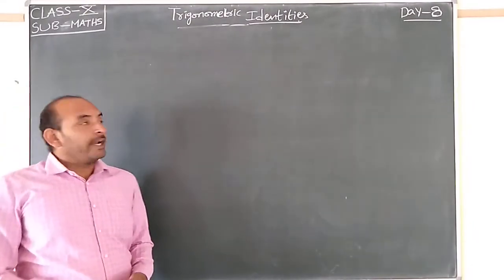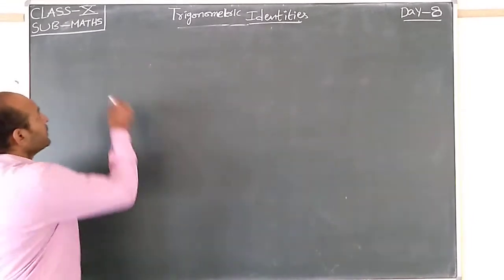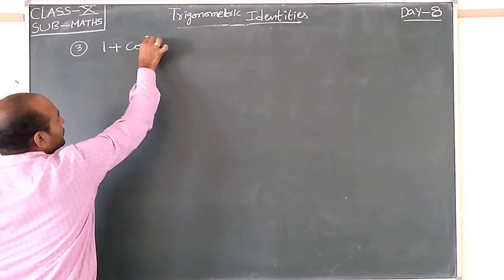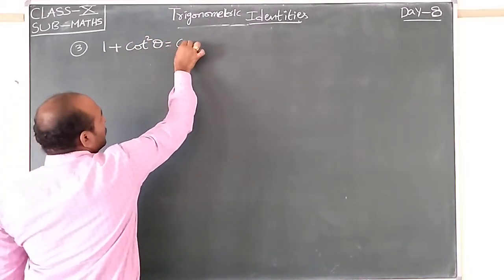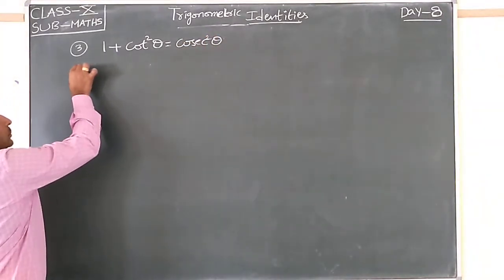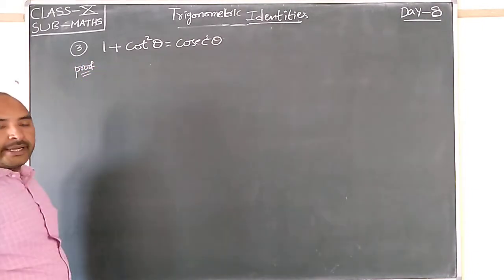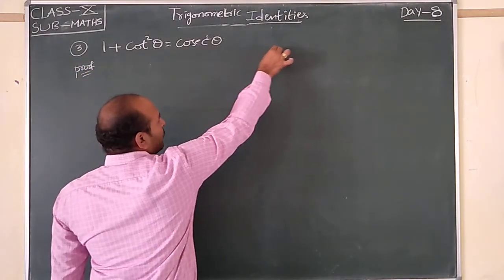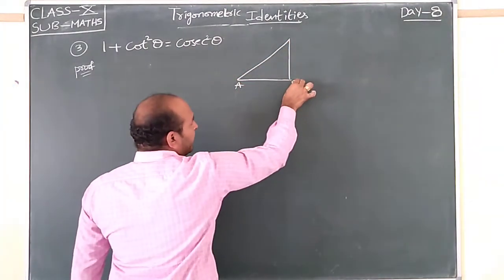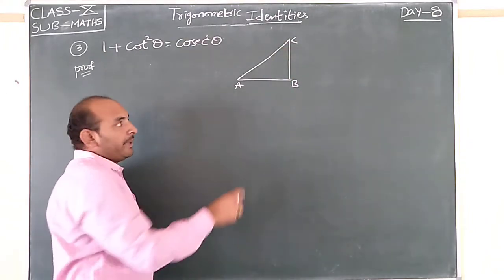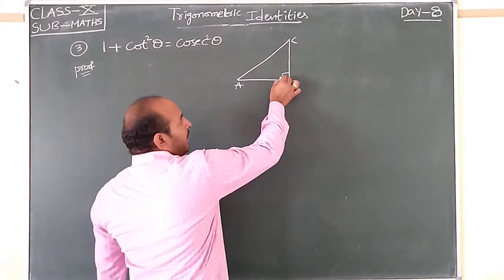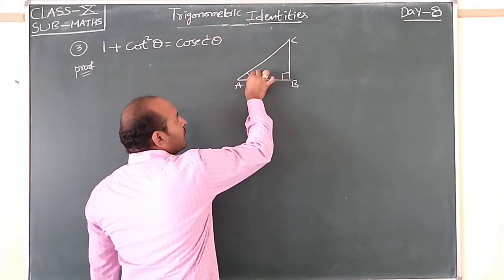Now let's move on to property number 3: 1 plus cot square theta is equal to cosecant square theta. So prove. By taking a right angle triangle ABC, right angle at B, let us take this angle equal to theta.